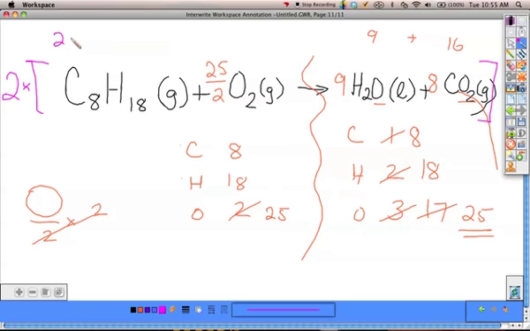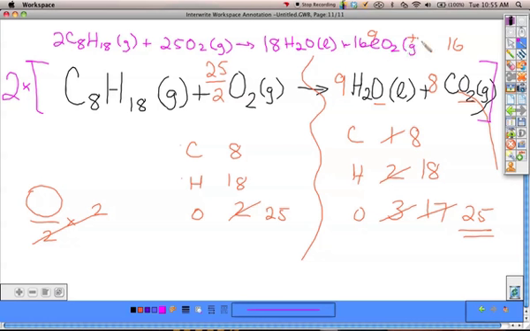Yeah, so you would have 2C8H18 as a gas, plus 25 O2s. That's a gas, forming 18 waters in the liquid state, plus 16 CO2s in the gas state.